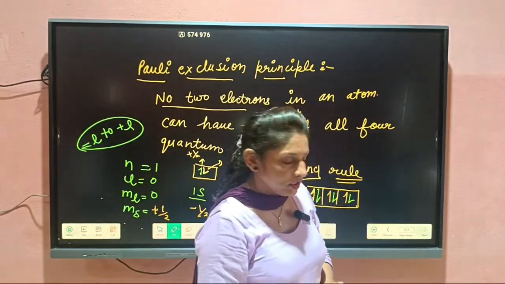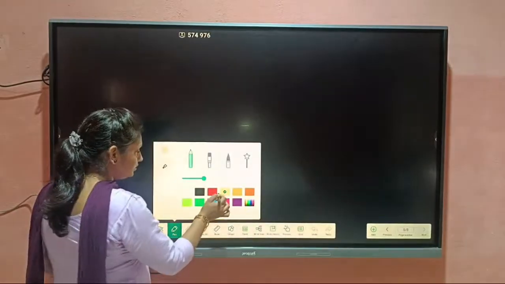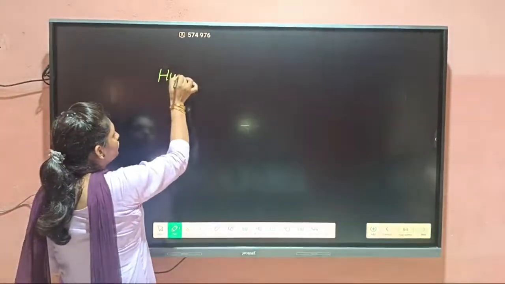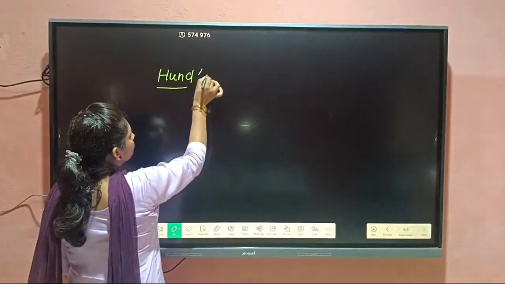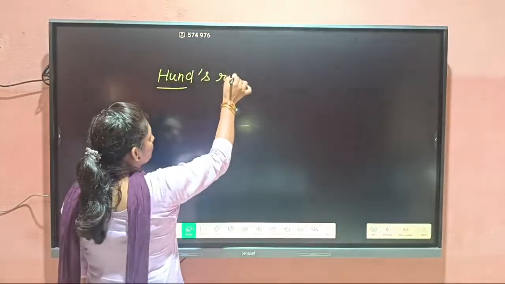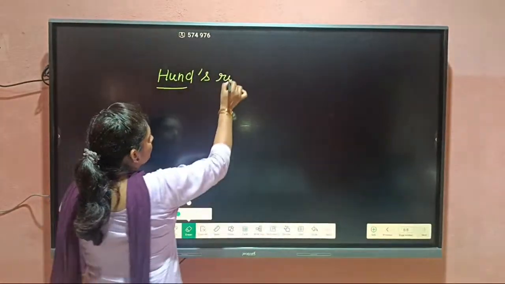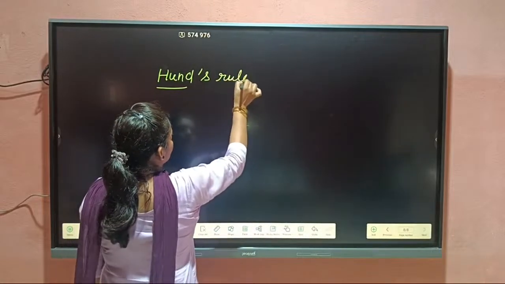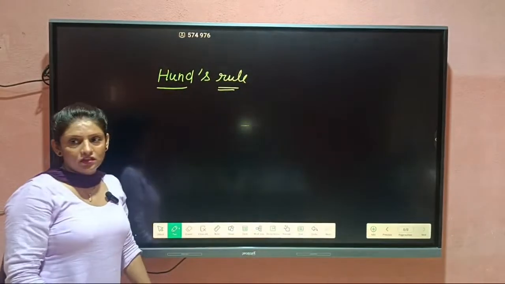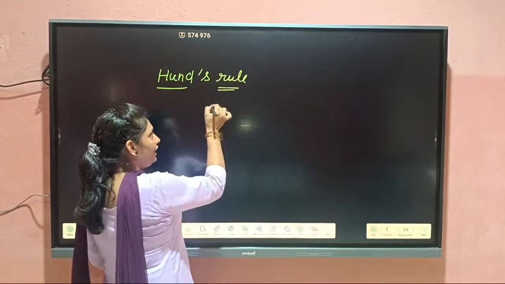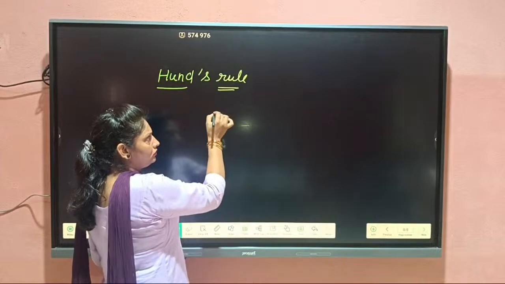Any doubt? Hund's rule, I already explained, but I am explaining again. It tells us how to fill electrons.